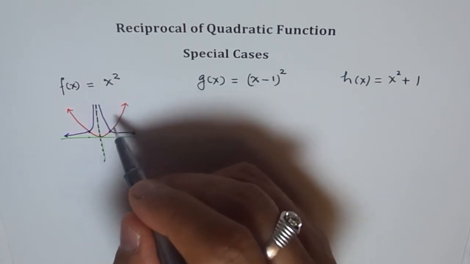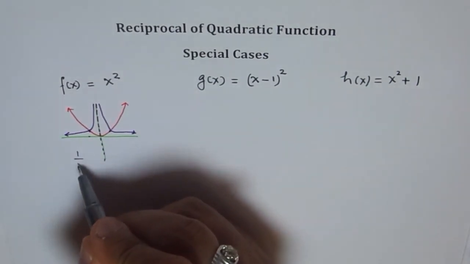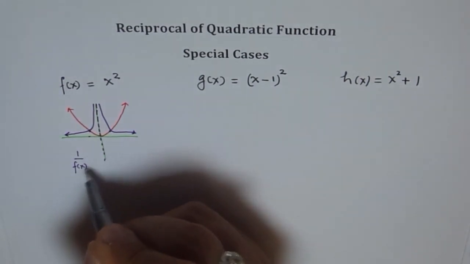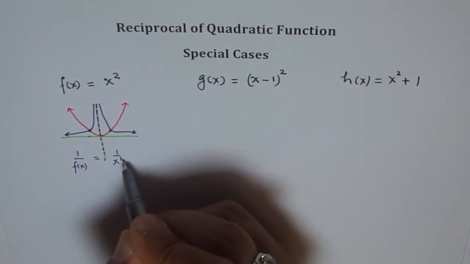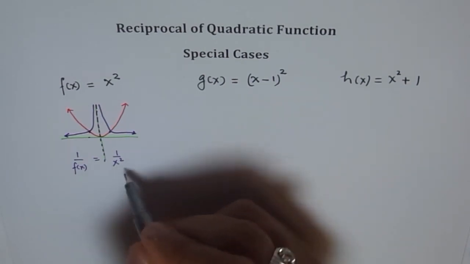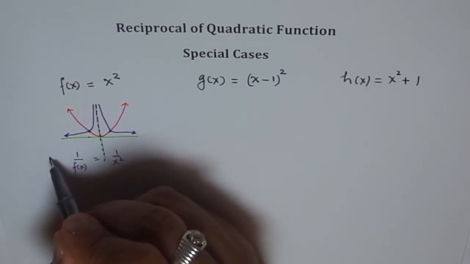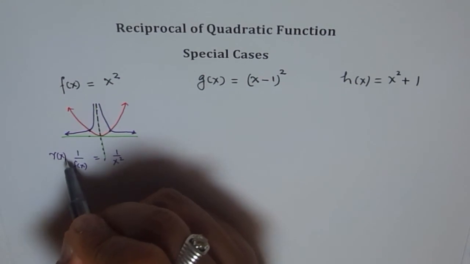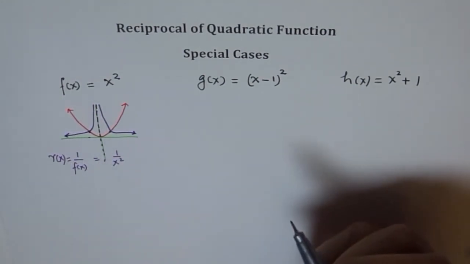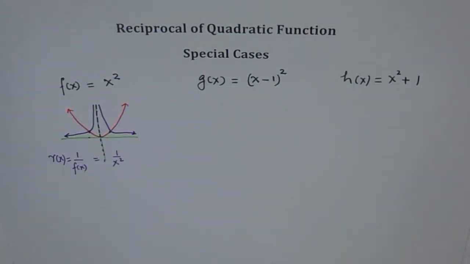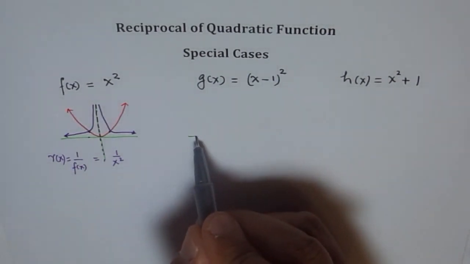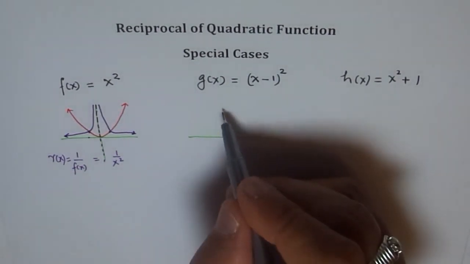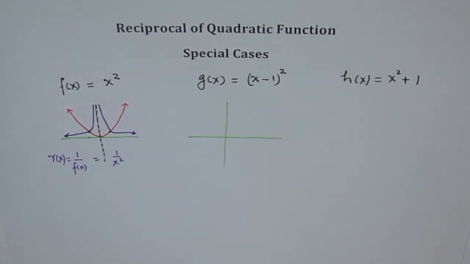So the purple shows reciprocal, which I am writing here at present as 1 over f of x, which is equals to 1 over x square. Do you see that? That's a reciprocal function, right? Let me say R of x equals to this. Okay? Now how about the next one? g of x. Here my function will be x minus 1.